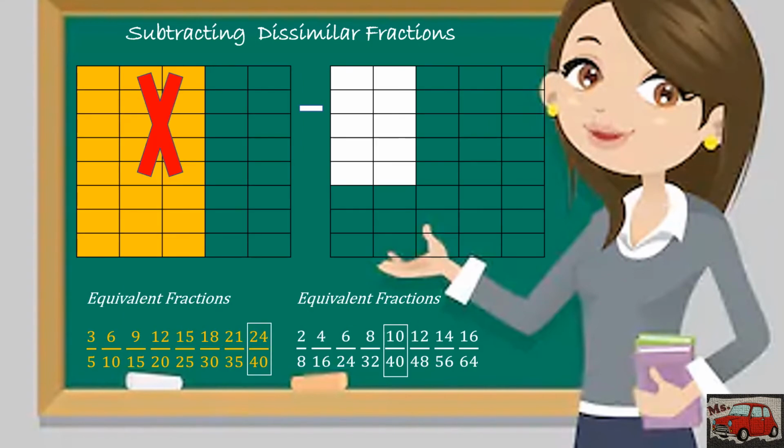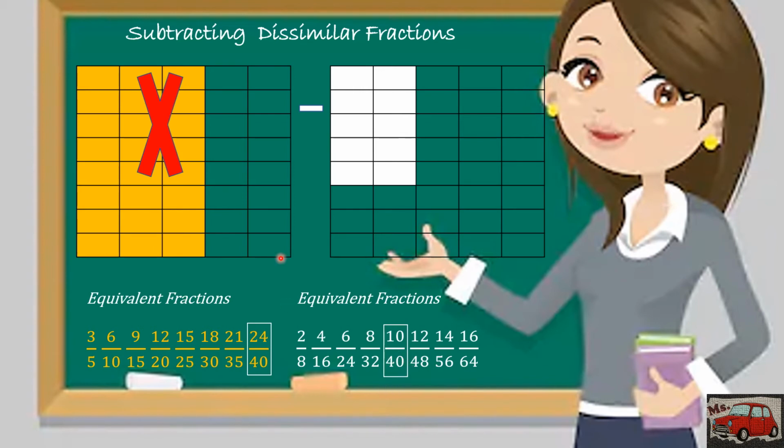Okay, so again, we need to get the equivalent fractions of 3/5 and 2/8. And tignan natin yung same parts na meron sila parehas. Okay? So, in this case, makikita natin sa equivalent fraction na ang pinagparehas nila is 40 na parts. Okay?